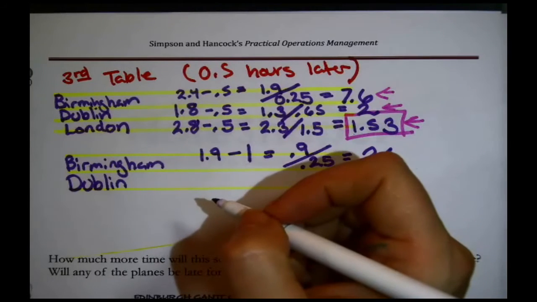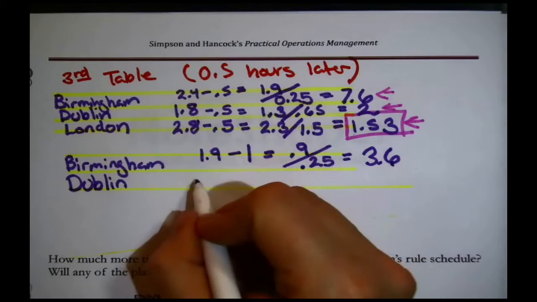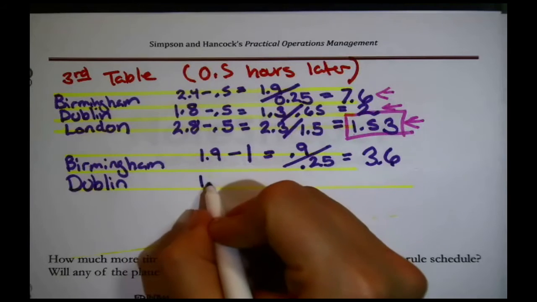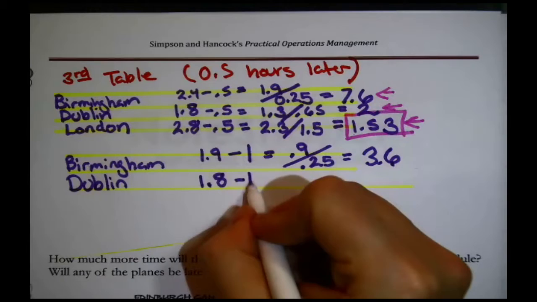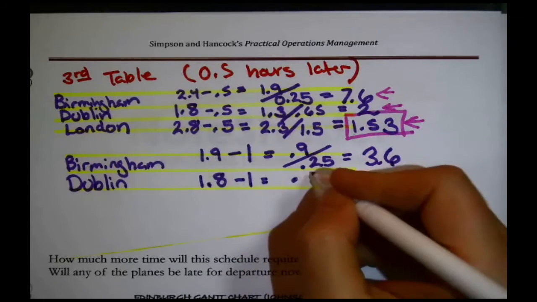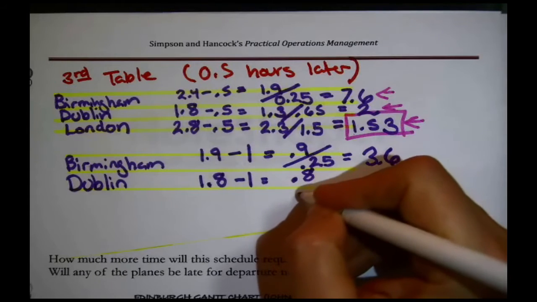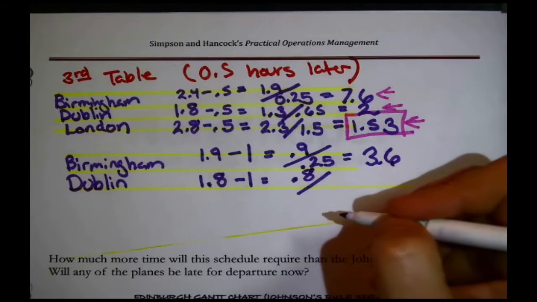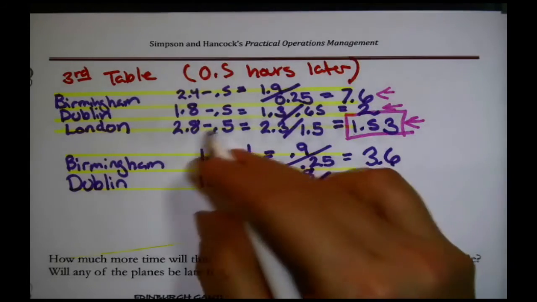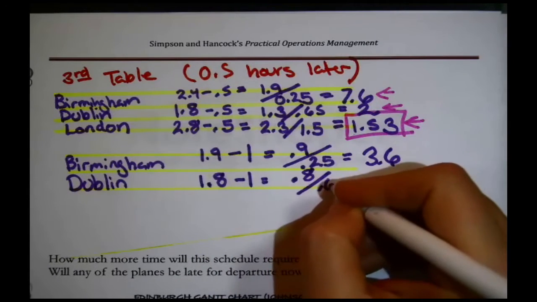In the case of Dublin, the last time we were looking at it, we were down to 1.8 hours before it had to depart. Now it's 1 hour later. So as we're trying to decide who goes fourth, we only have 0.8 hours until it has to leave. Dublin was 0.65 hours worth of work.